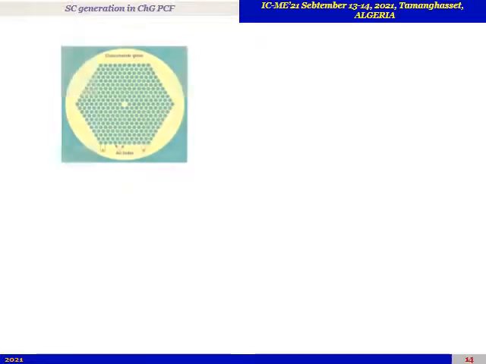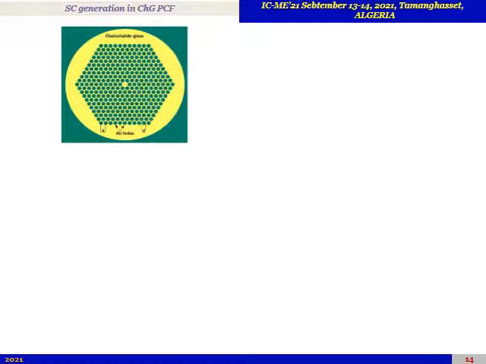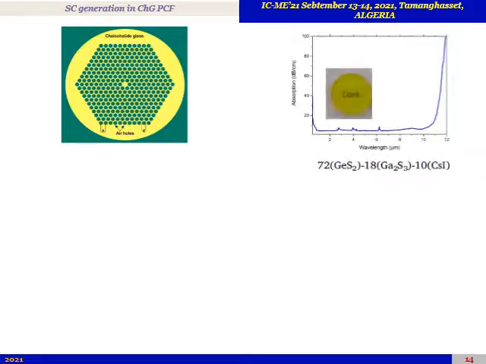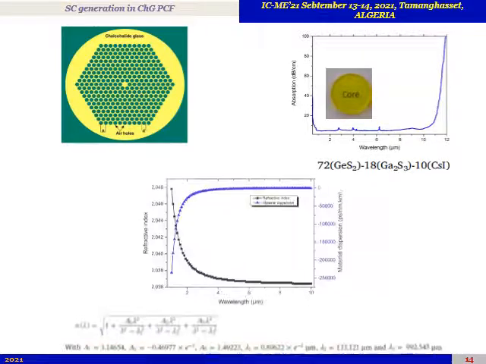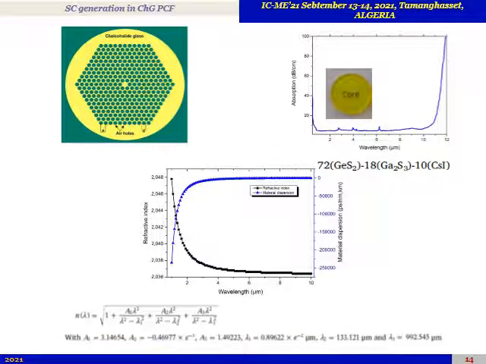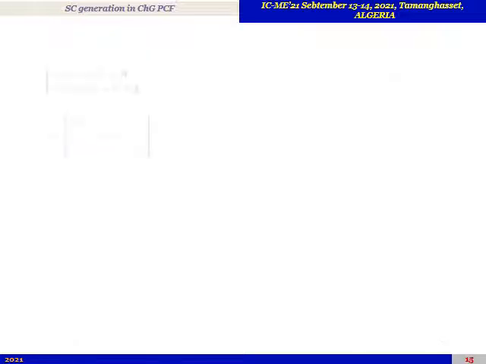So in this talk I will give the numerical simulation of supercontinuum generation in a photonic crystal fiber made of chalcogenide. The refractive index is modeled using the Sellmeier equation as given in these figures.